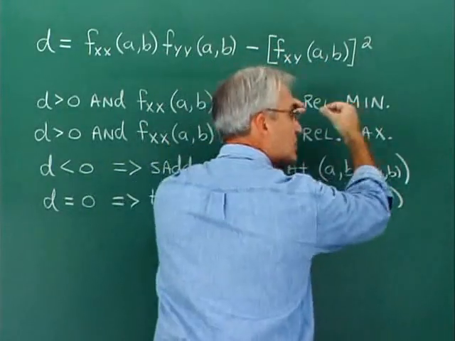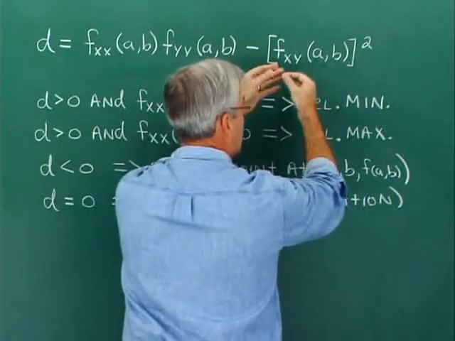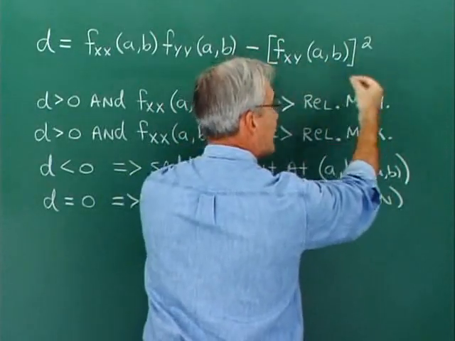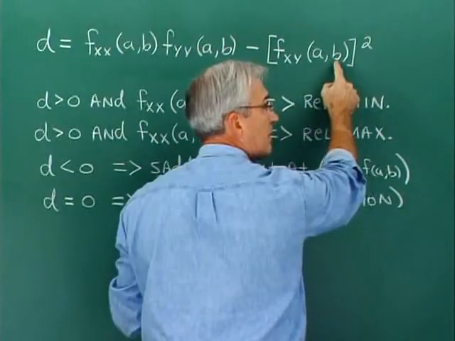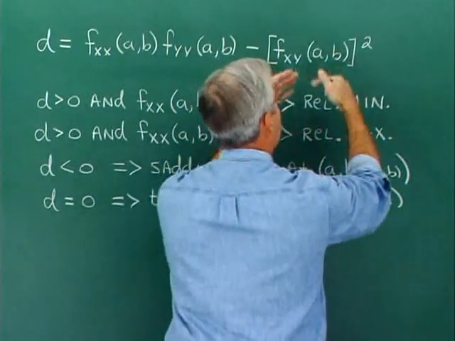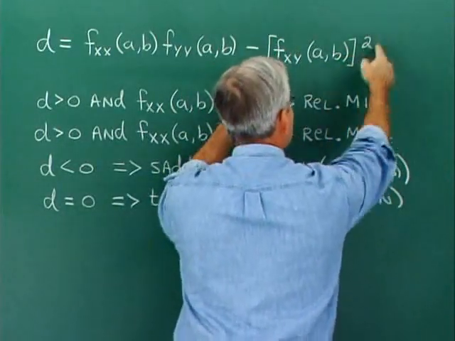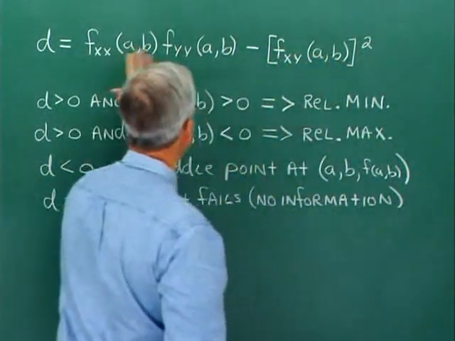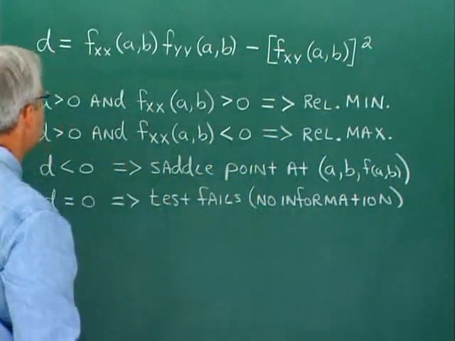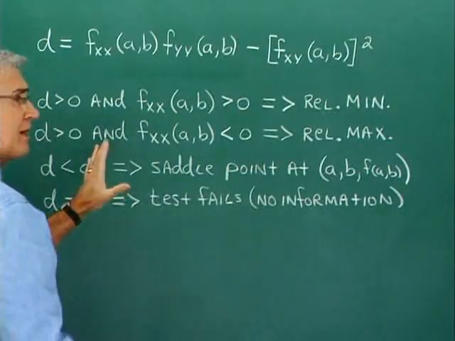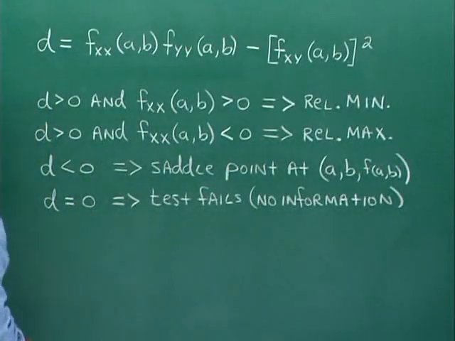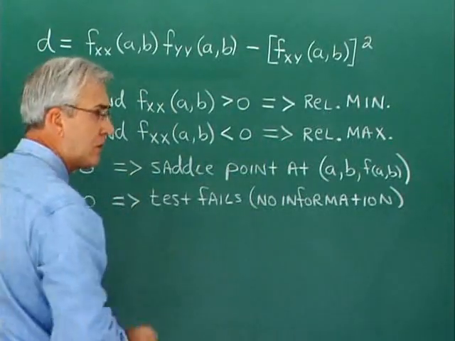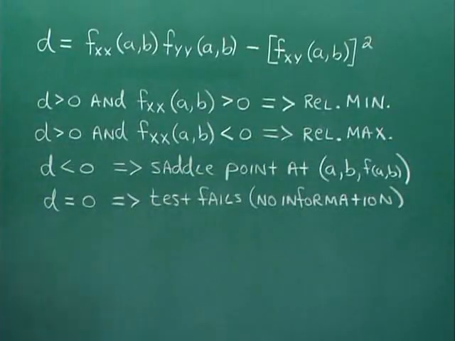So we have an expression for this second partial derivative, and within that expression we replace these two specific values, we evaluate, and then we square that number. So that's what this is all about. It's a little bit involved, but once we find D, we hope to be able to make some determinations about relative maximum and minimum points.